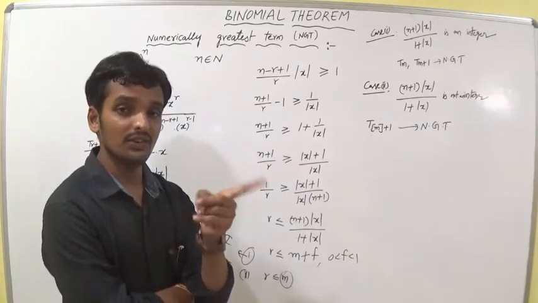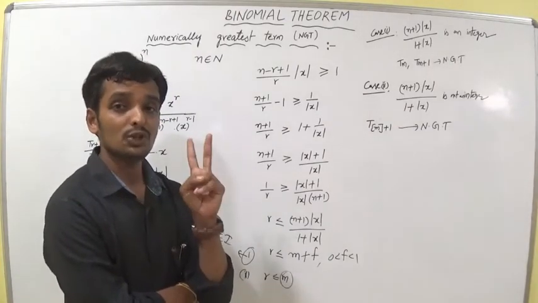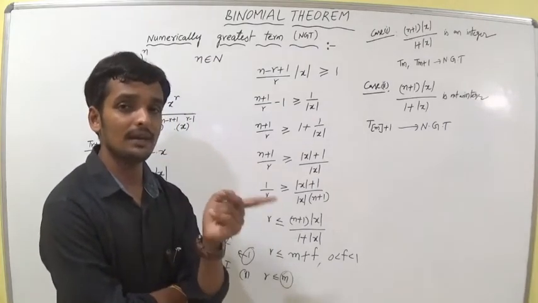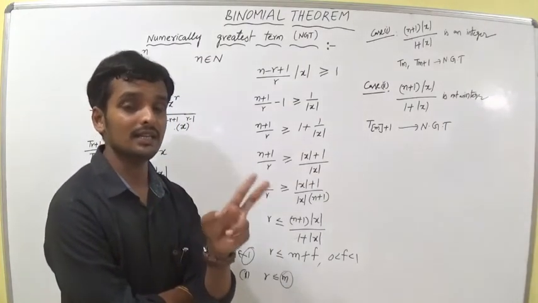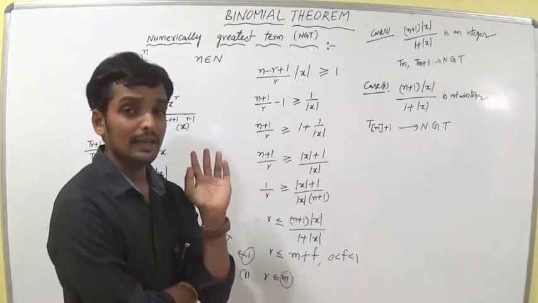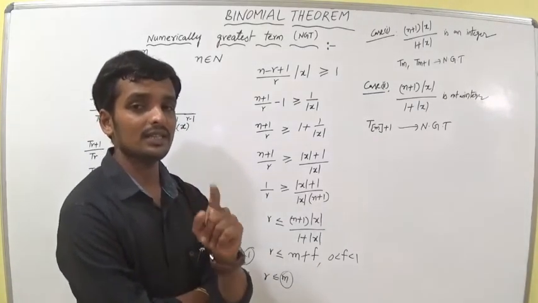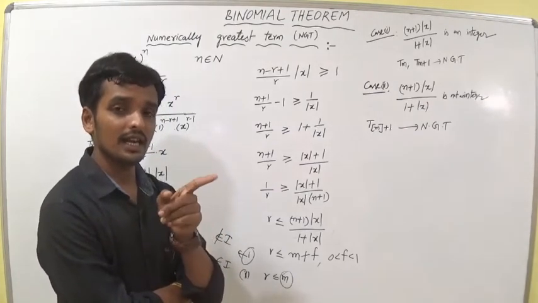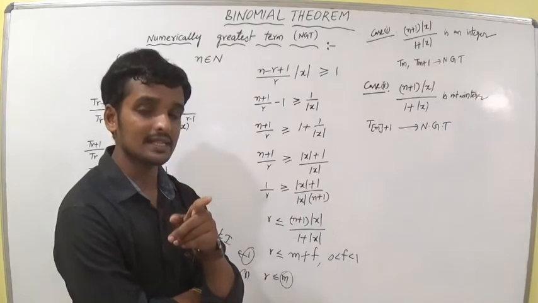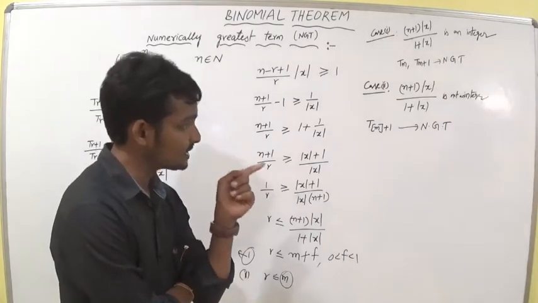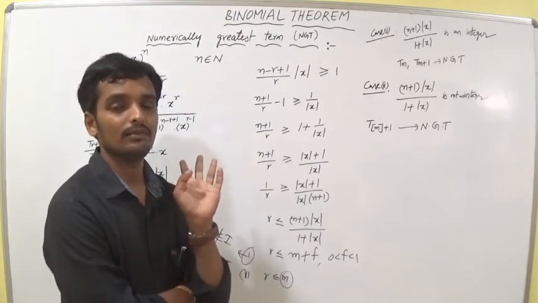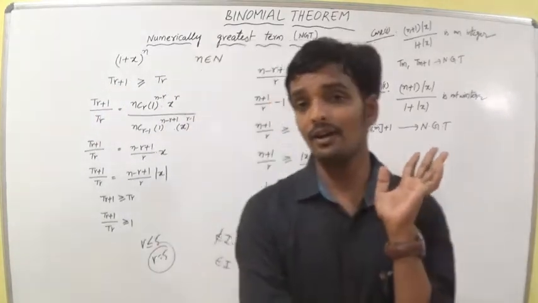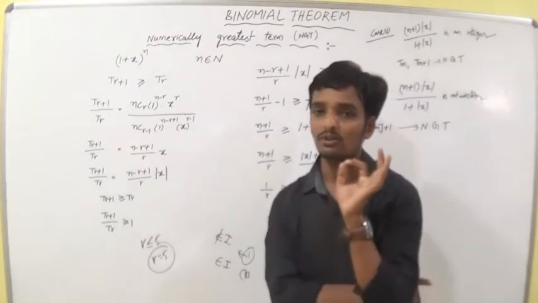If m is an integer, we are getting two terms as the numerically greatest terms: Tm and Tm plus 1. If m is not an integer, there is only one case: T of the greatest integer of m plus 1 is the numerically greatest term. If you understand all these topics, I am going to the problems.